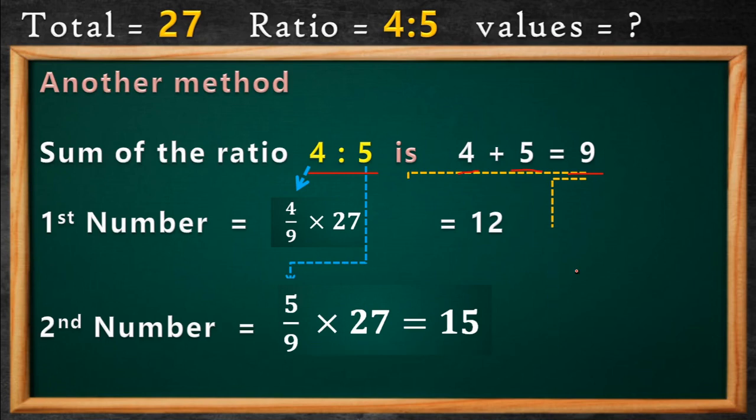Same thing, we just need to change the value in the numerator: in the first number we write the antecedent, and in the second number we write the consequent. After simplifying this expression we will get 15. So these two are the numbers. Both methods are simple and easy to understand, right?